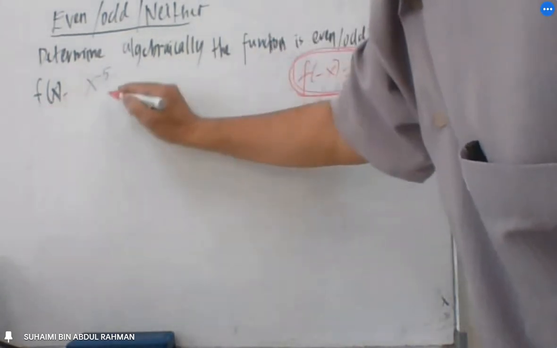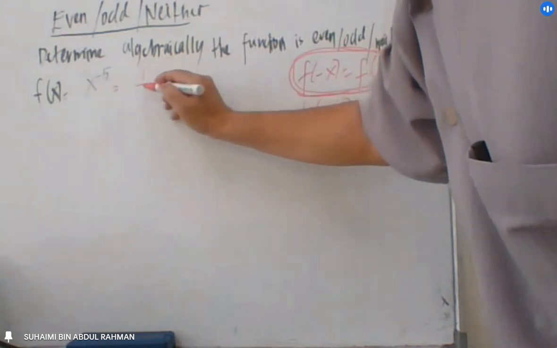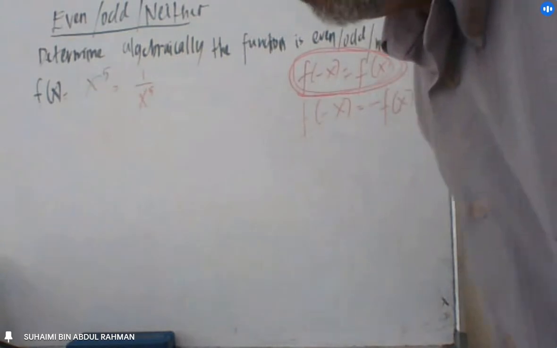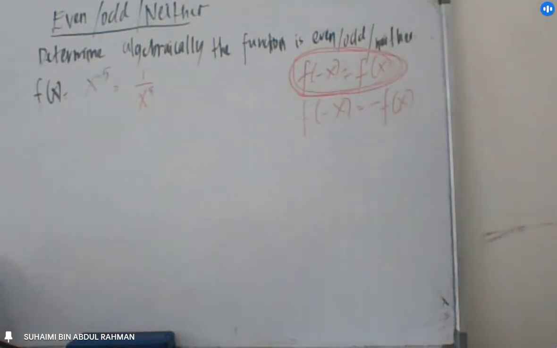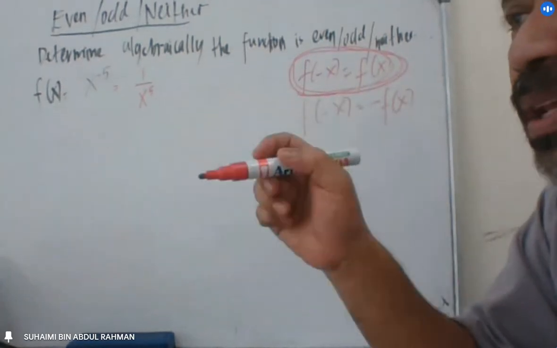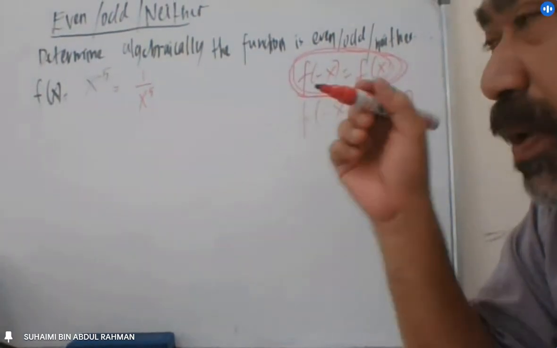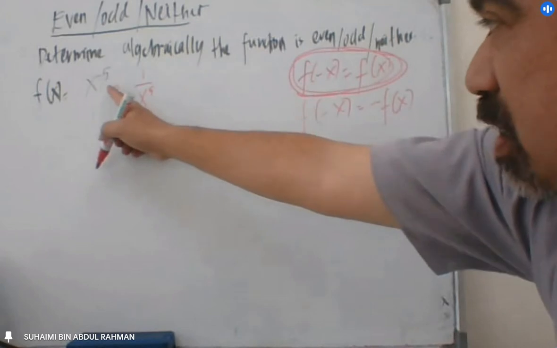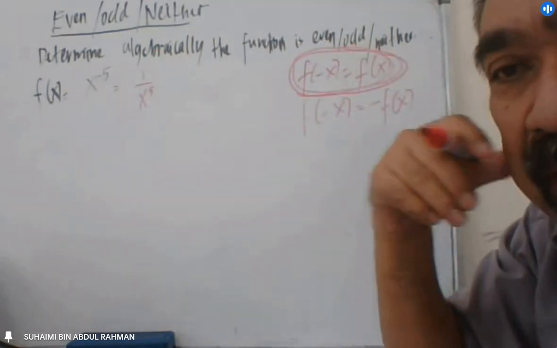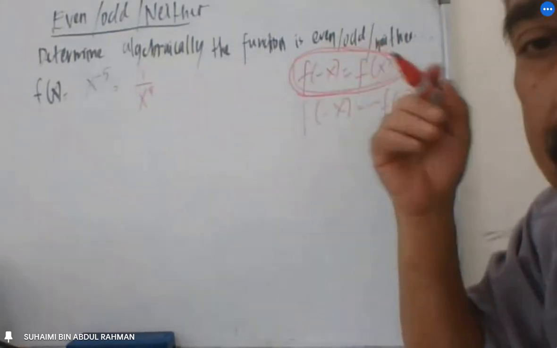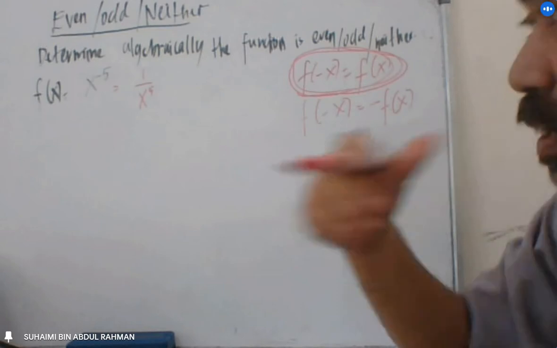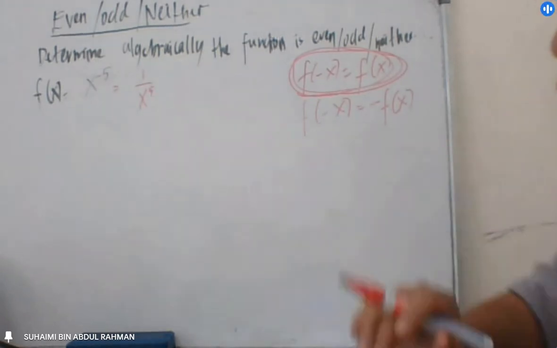This is equal to 1 over x to the power of 5. Another way to write it. Remember the index. I think index is very common. You learned it already when you were in school in SPM. x to the power of minus 5 is the same as 1 over x to the power of 5. Hopefully you know this.